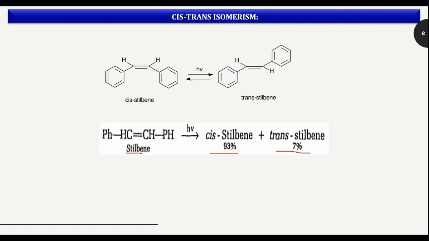You can start with 100% cis isomer. After photochemical irradiation, we will get 93% cis stilbene, 7% trans stilbene, which means this reaction has taken place. Even if you start with 100% of trans isomer, after irradiation, we are going to have cis isomer in 93%, trans isomer in 7%.